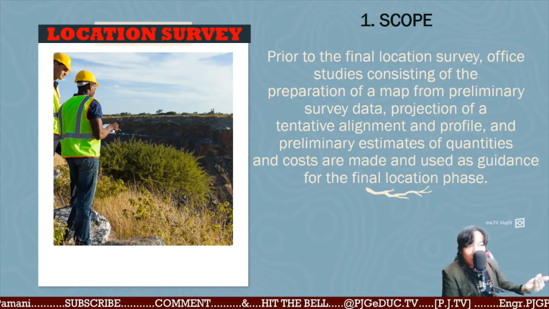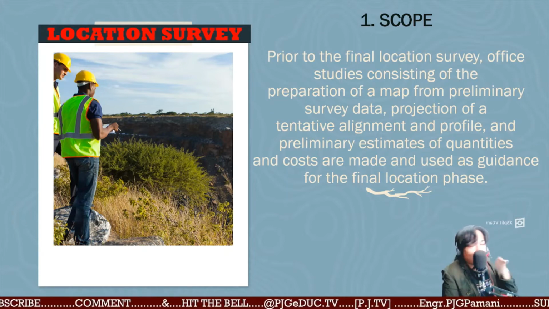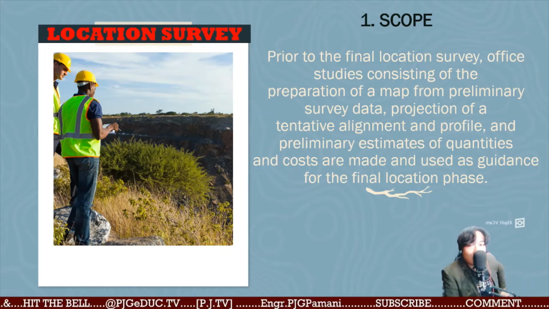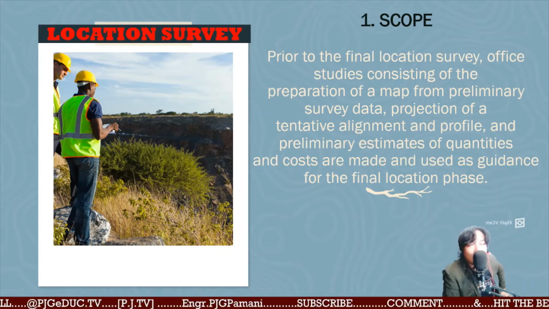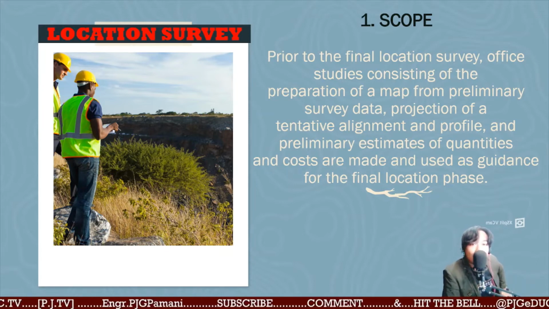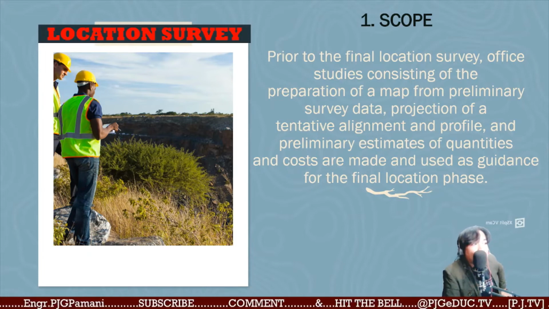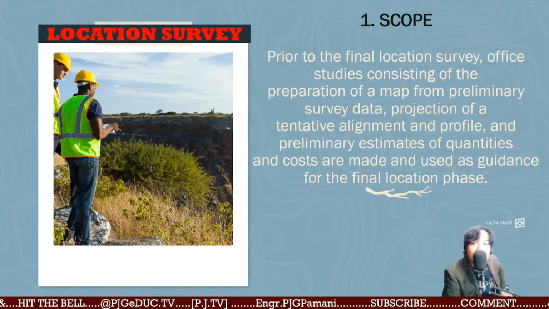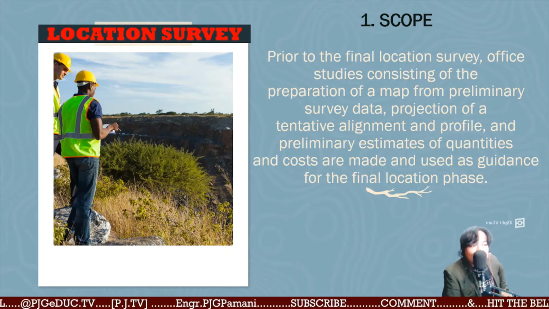And how will it look when there will already be that road that we're going to consider? Then projection of a tentative alignment and profile and preliminary estimates of quantities and costs are made and used as guidance for the final location phase.